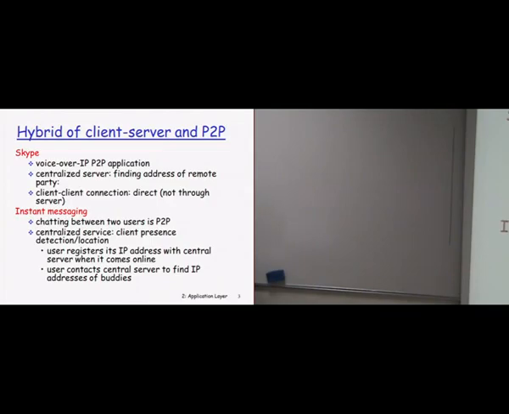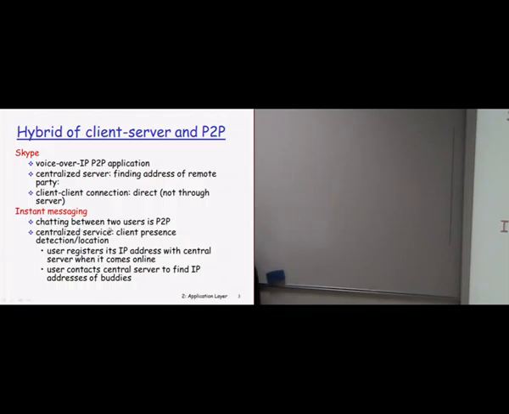Instant messaging, chatting between two users, is also a point-to-point application. A centralized server will be there definitely to know the client presence and to detect its location, and it is used for user registrations.